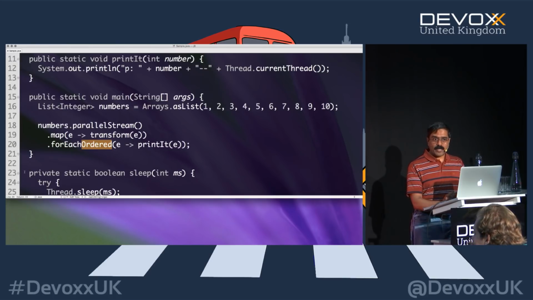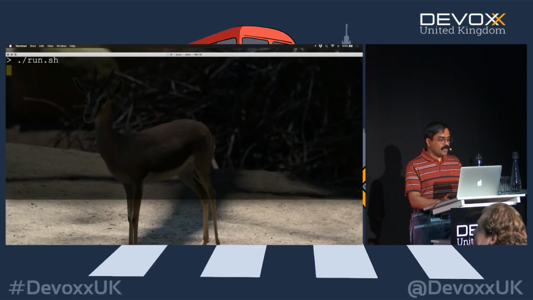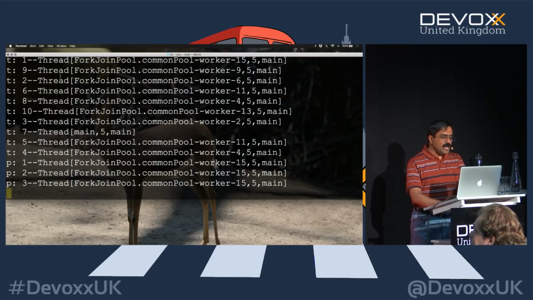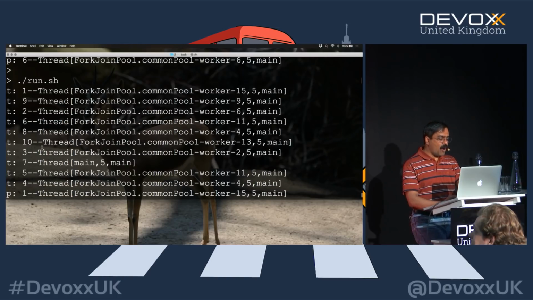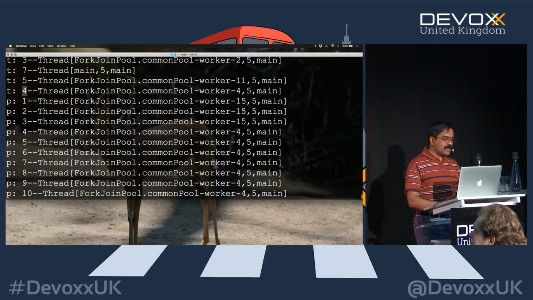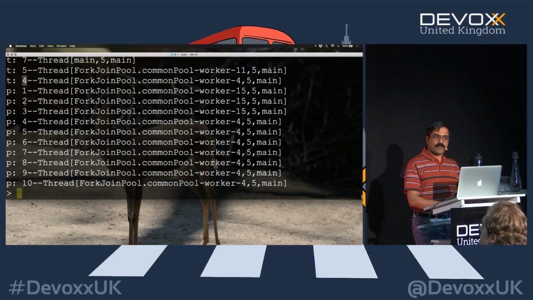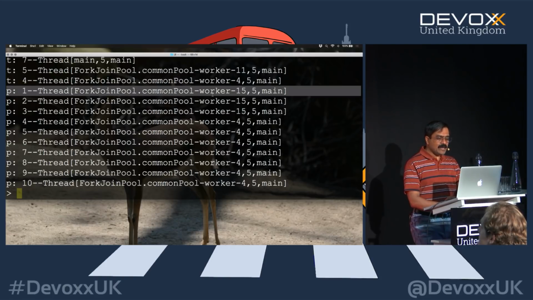If I said forEachOrdered, on the other hand, and execute this time, even though the transformations all happened in parallel, notice that 9 happened before 2, which happened before 5 and 4. But when it comes to the printing, notice it follows the ordering 1, 2, 3, 4, and so on. This is worker 15, as you can see.